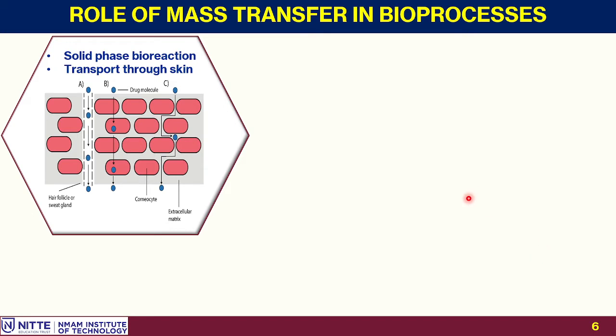All right, let me explain certain principles on the role of mass transfer in bioprocesses. To start with, let us assume you have the cell surface, that is, your hand or a leg, skin surface to be precise. You will apply drug molecule, that's ointment, on the skin surface. Now that ointment has certain chemical molecules.